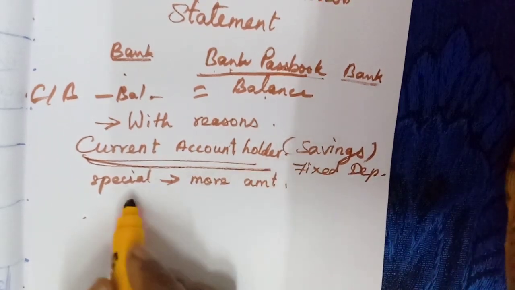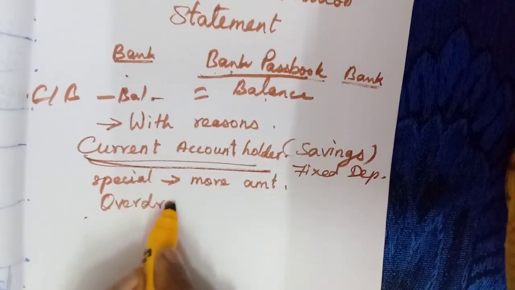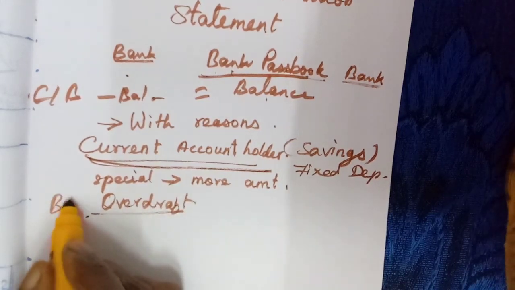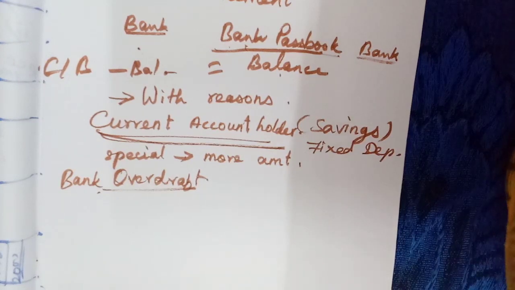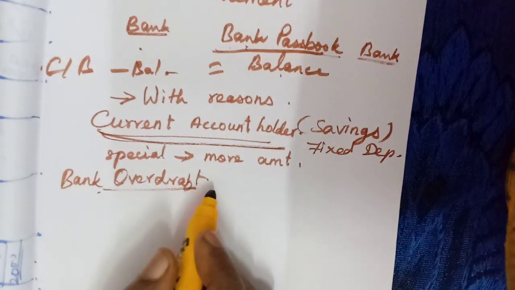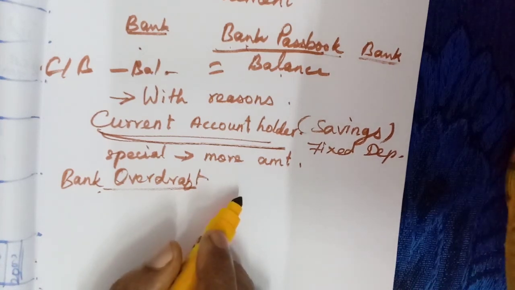That is called overdraft, or bank overdraft. In the balance sheet, we have not learned that yet, isn't it? This will be a liability, available on the liability side of the balance sheet. This is called bank overdraft.